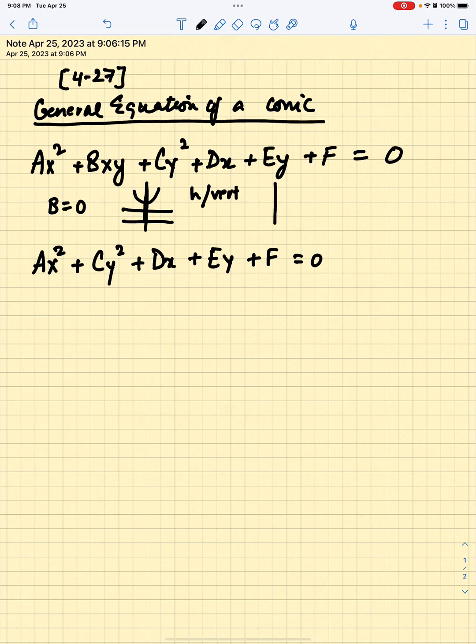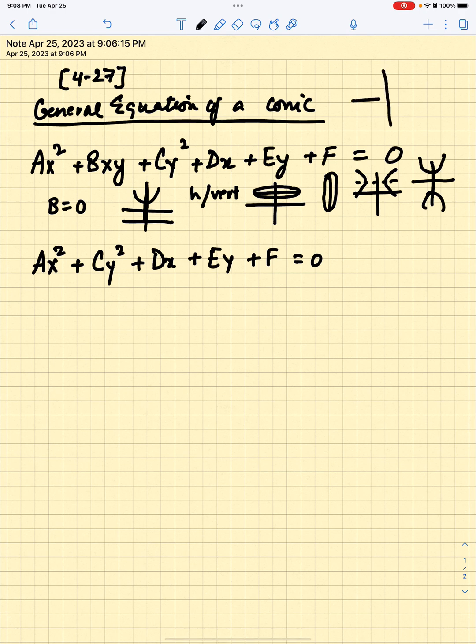An ellipse also has axes that are either horizontal or vertical. Same with the hyperbola.